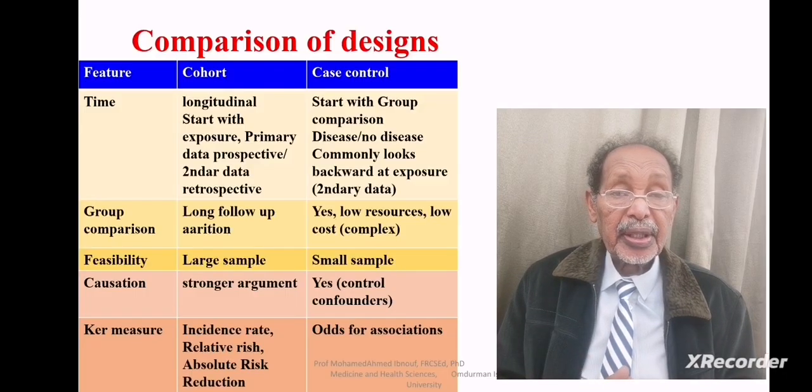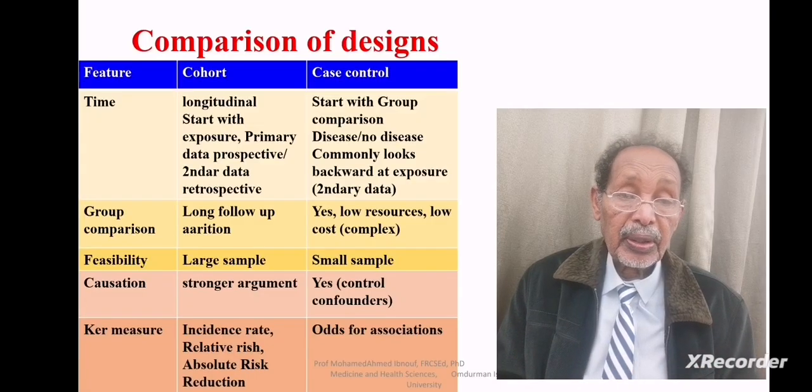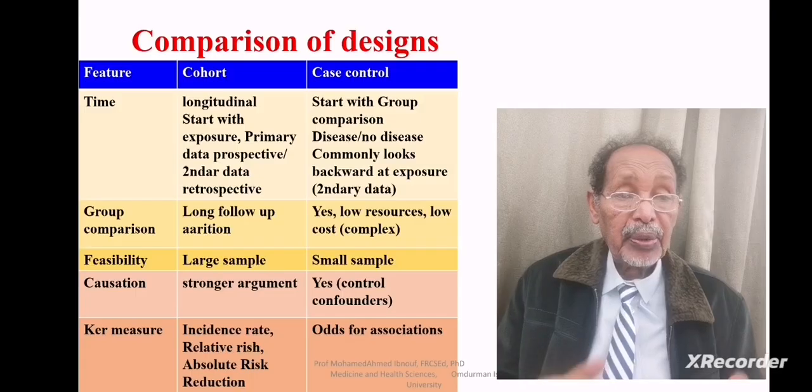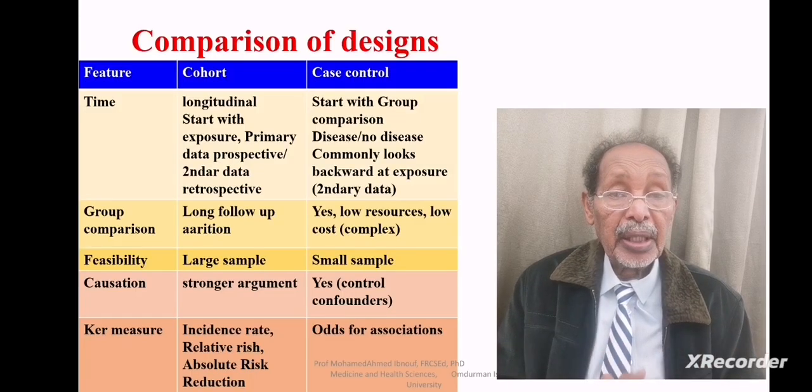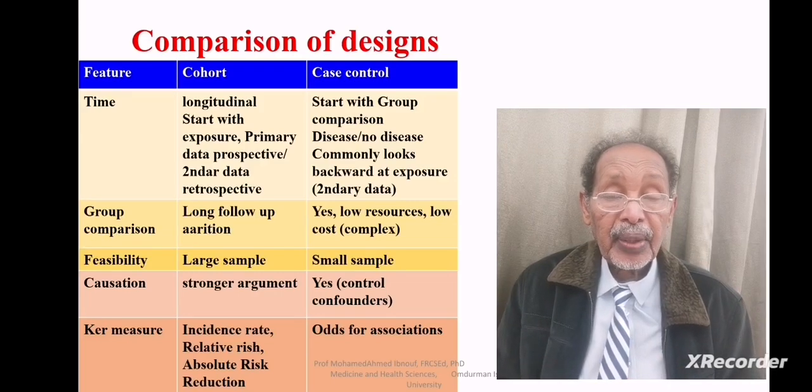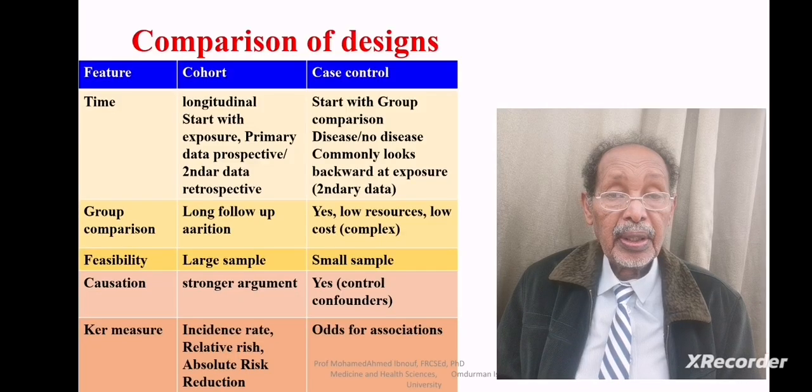And in statistics, for the case control, usually we use odds for associations. And I will speak about this when I speak about the case control by itself in a specific video in the future. In contrast, the cohort study usually speaks about risk factor and absolute risk.